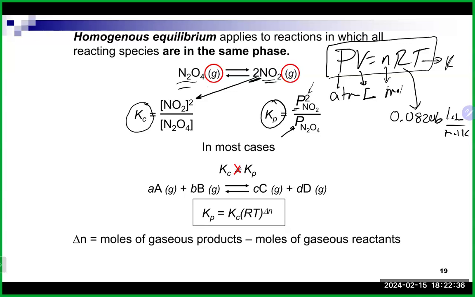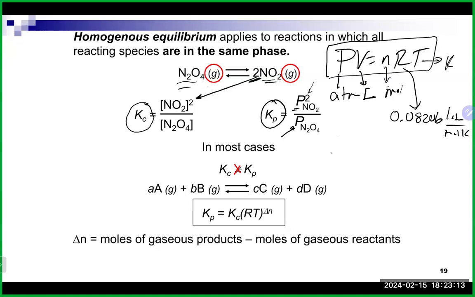Sometimes people are given pressure in different units like millimeters of mercury, or torr, and they want the answer in those units, and they go, okay, cool, I could just leave them in those units. It's okay. But typically, when you do a true equilibrium calculation, you do have to convert them into atmospheres before you do it, and then reconvert them at the end. By the way, the conversion between atmospheres and millimeters of mercury and torr is 760. Yeah.